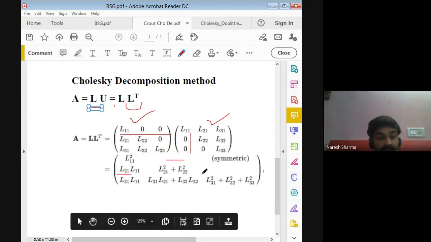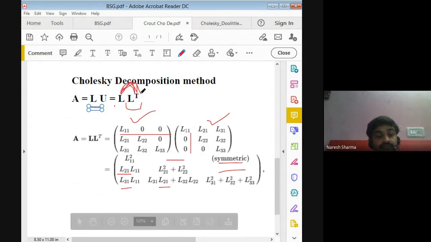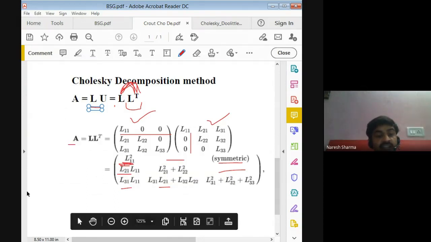Once you do this with your first row and first column, or your second row and first column, you get the same result at these two positions. Similarly, you can complete the multiplication. So these two are also the same, and these two are also the same. These are symmetrical results because both matrices are transposes of each other. Once you compare the first one with matrix A, you get the value of L11. From this, you get the value of L21.